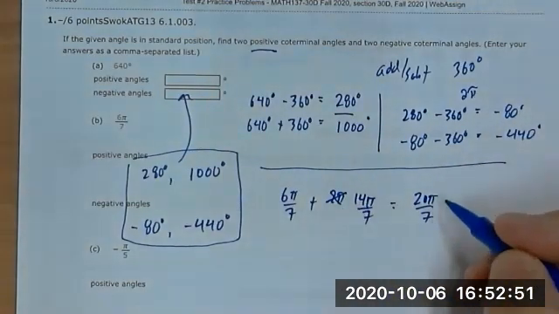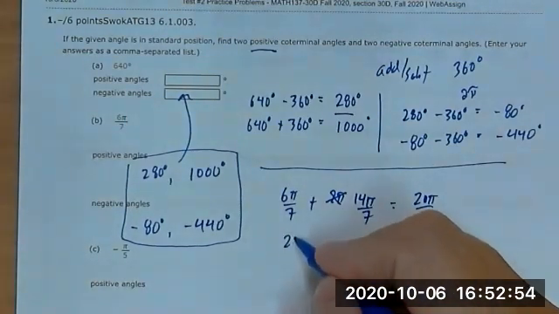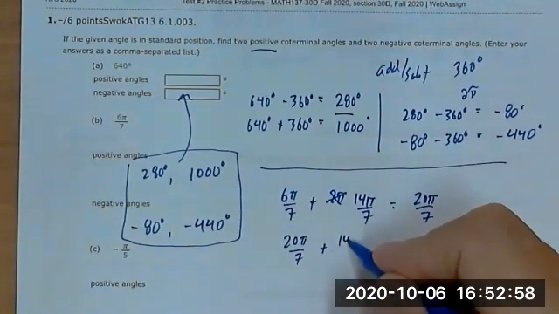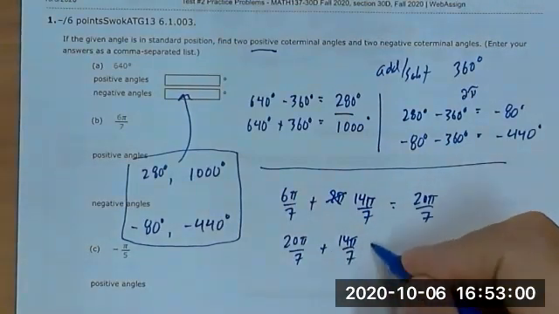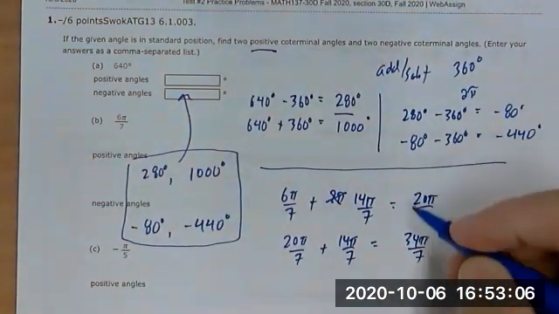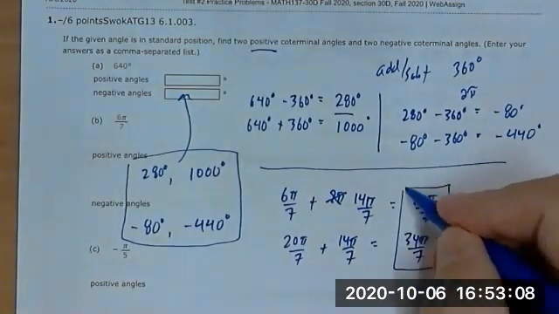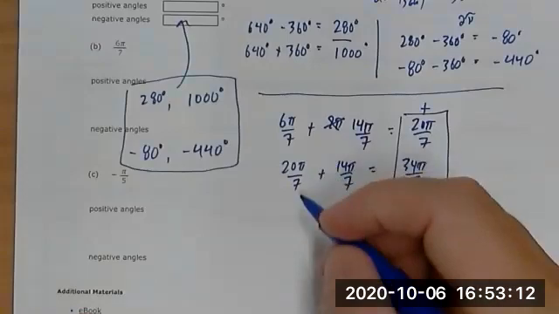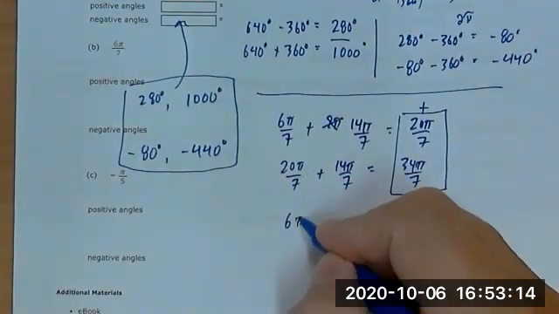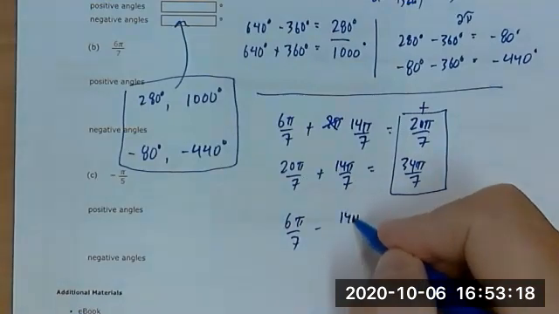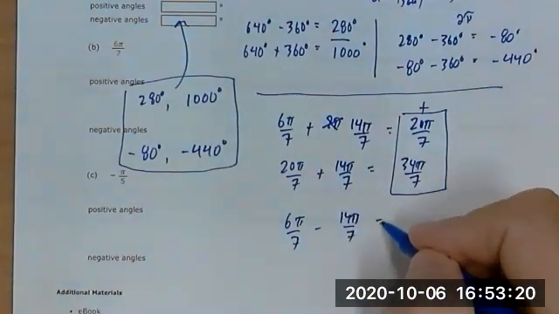And then if you add 2 pi again, so once again, 14 pi over 7, 34 pi over 7. So those would be the two positive coterminal angles. Now to get the negative, I'm just going to subtract 2 pi, which in this case, I'm going to write as 14 pi over 7.